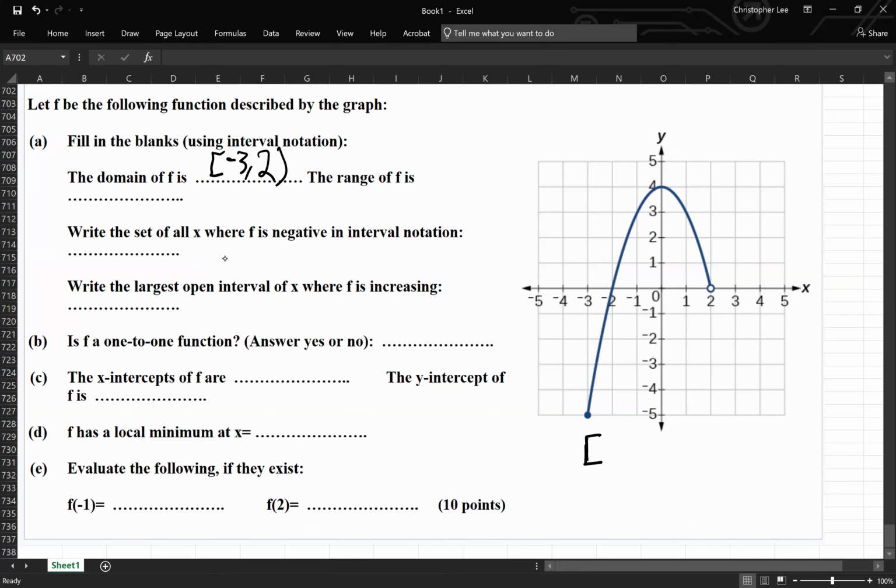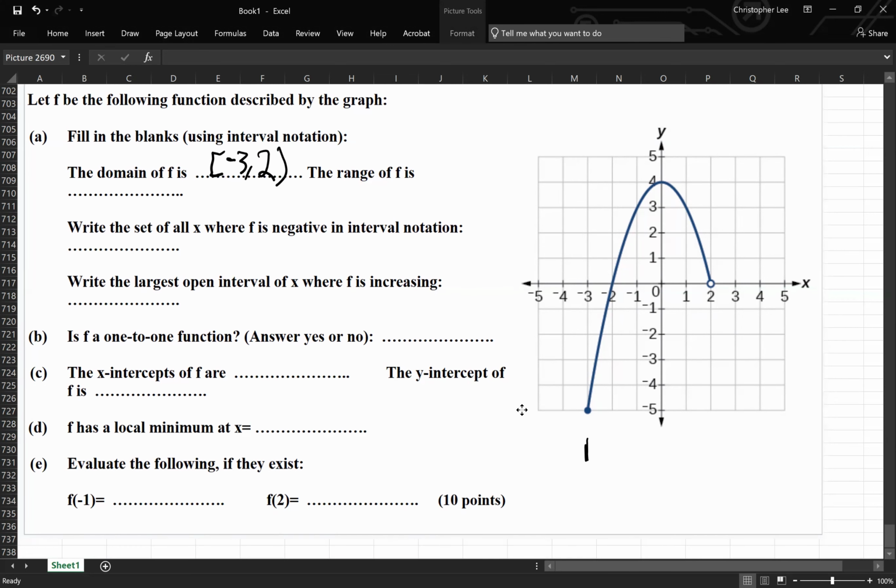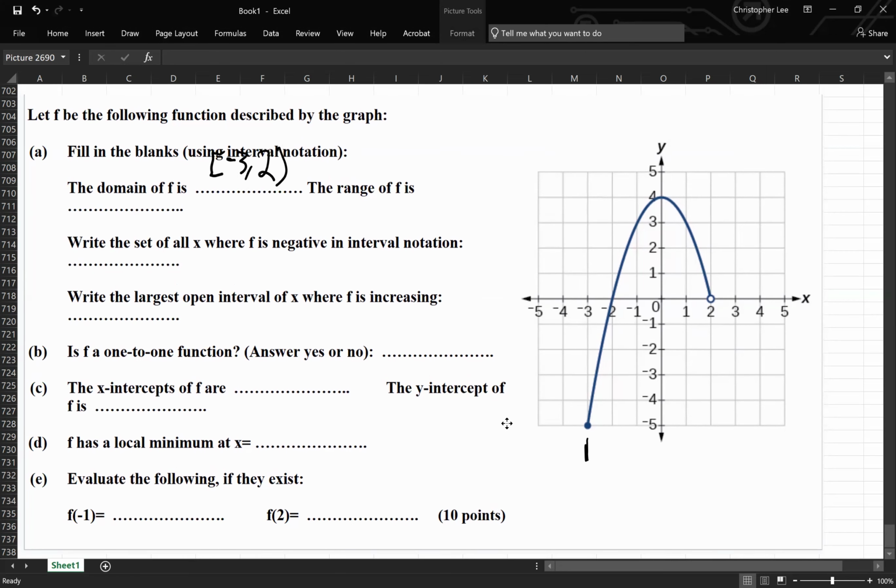Anyway, what's the range, right? Remember, range is all of the y values that the function exists at. So we're going from what? -5 up to 4, right?